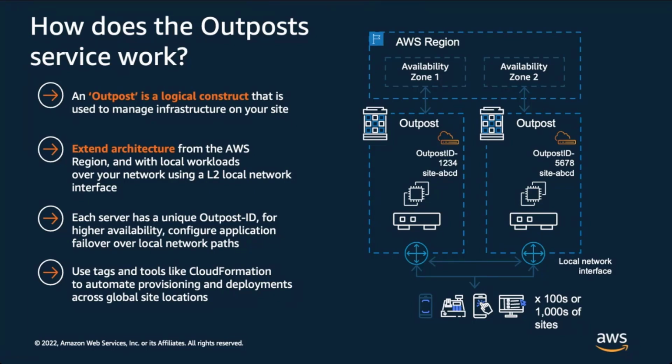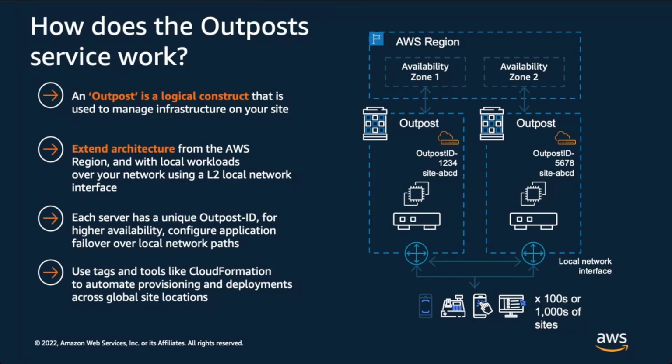So what that means is it needs to be connected back to the region. Outposts, we've designed purposely as a connected service. So you're going to need a connection back to the region to maintain the control plane that lives in the region with the things that we're running on the Outpost server or even an Outpost rack.